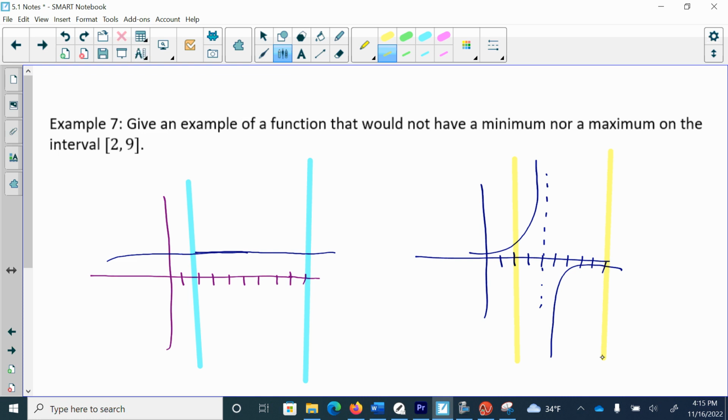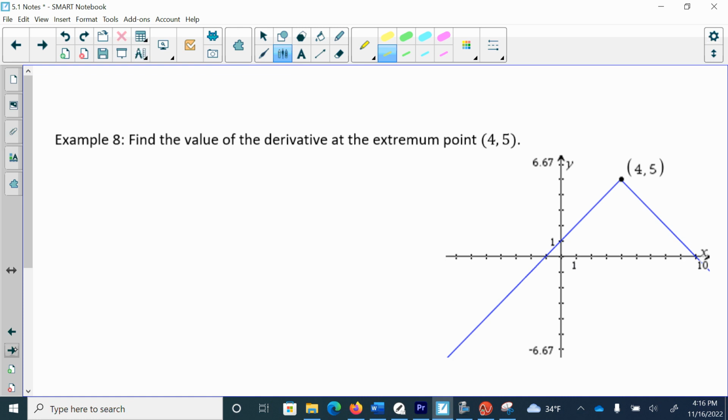So I think I could have something as long as it had a vertical asymptote in here somewhere. That would work too. Just thinking. I like the horizontal line best though, I'm going to be honest.